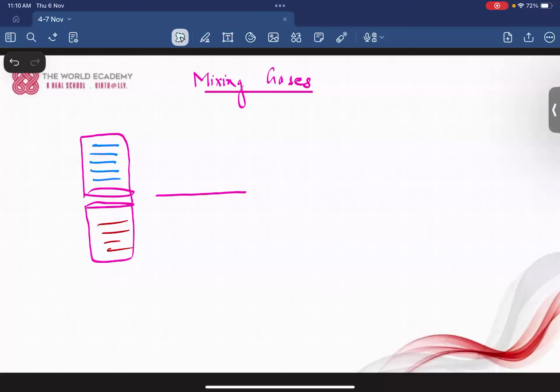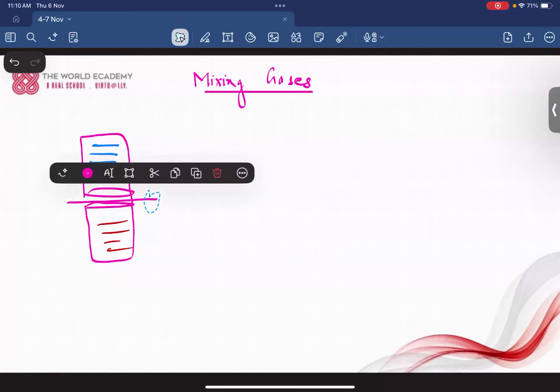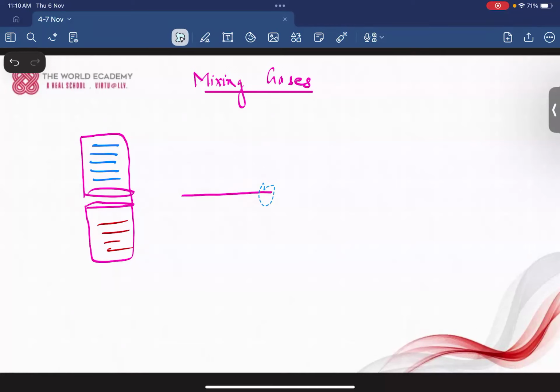If you remove this, the blue and the red are going to mix gradually, correct? And if they mix, they will form a same homogeneous color, an in-between color. I don't know which color it will form. If you love painting, you know it. If you are placing it, it's not going to mix up. When you are removing it, they come into contact and they will form a mixed color.